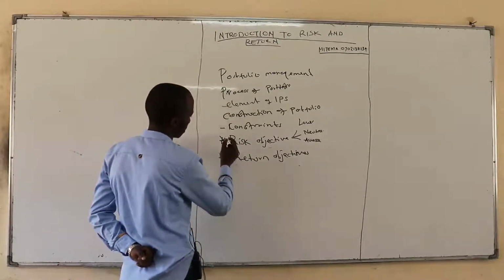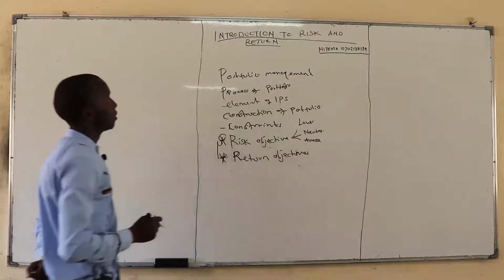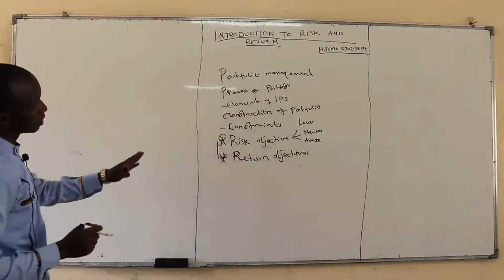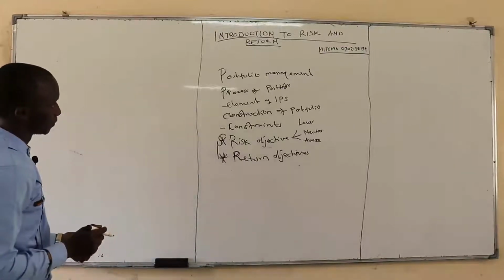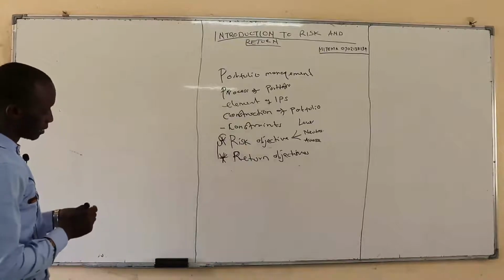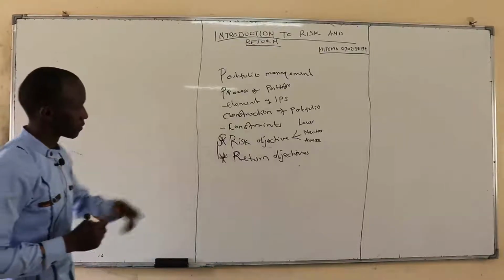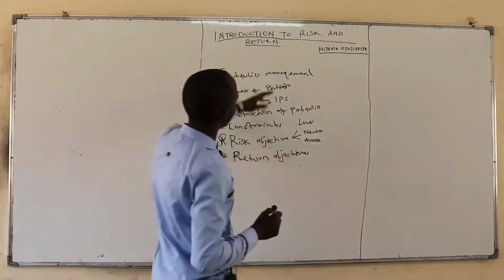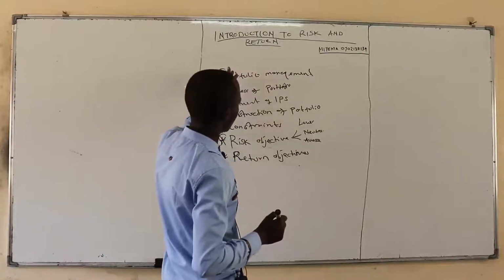So in our today's lecture, we are going to make an introduction to risk and return. We want to look at different measures of return and different measures of risk.